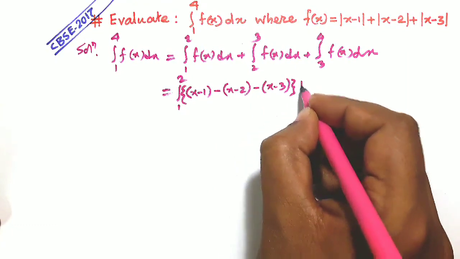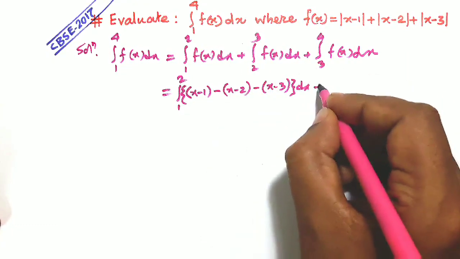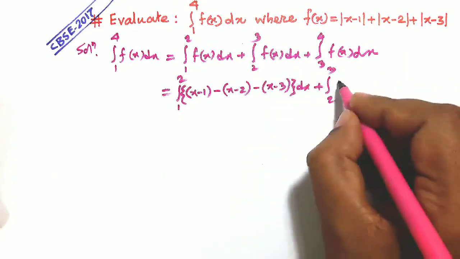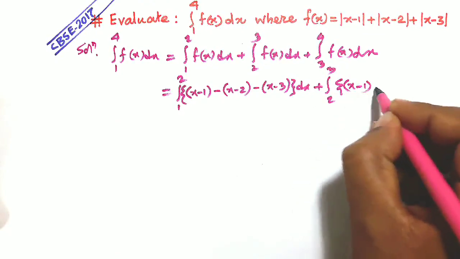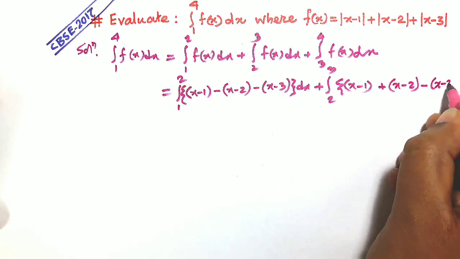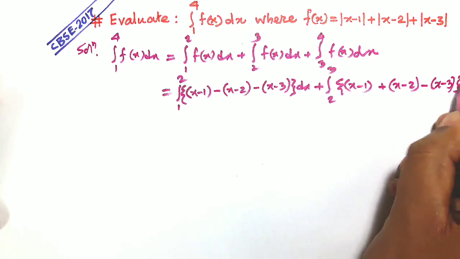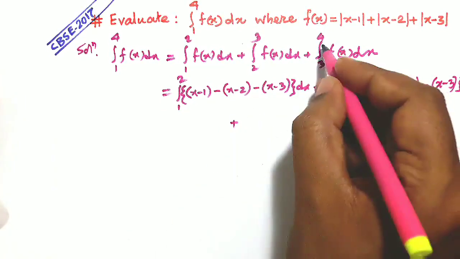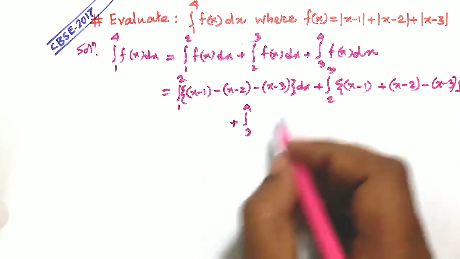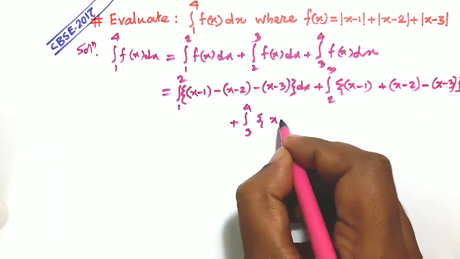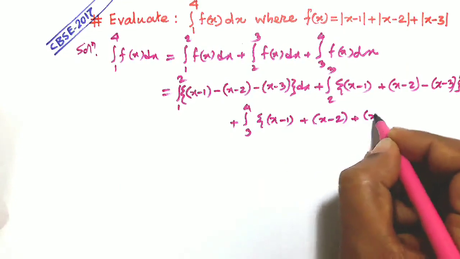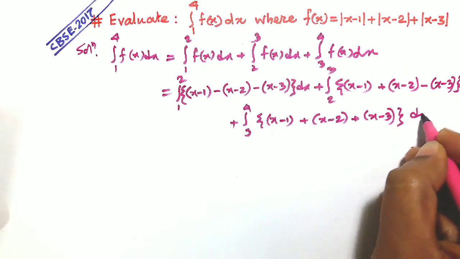In this way, for the other integrals: plus integration 2 to 3 f of x will now be x minus 1 plus x minus 2 minus x minus 3 dx, and integration 3 to 4 f of x will be x minus 1 plus x minus 2 plus x minus 3 dx.